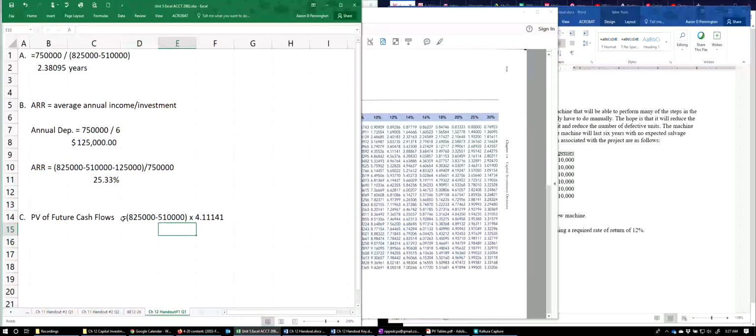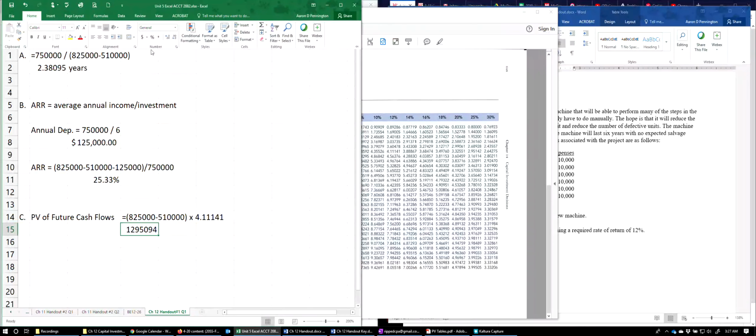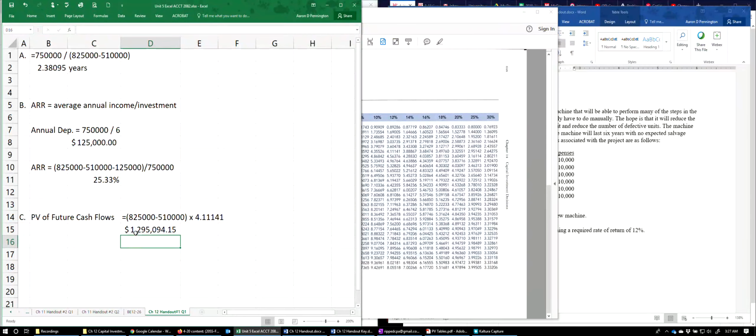All right. All right, and we get $1,295,094.15.